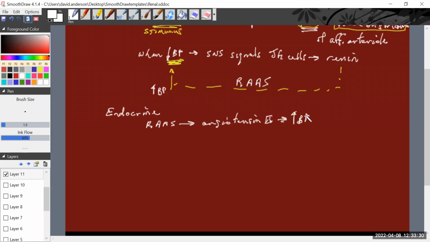It's initiated from kidney cells in the kidney, but we also know that the result of activating the RAAS is an increased release of aldosterone from the adrenal cortex.